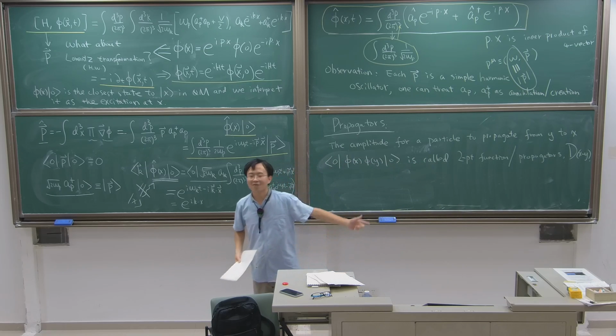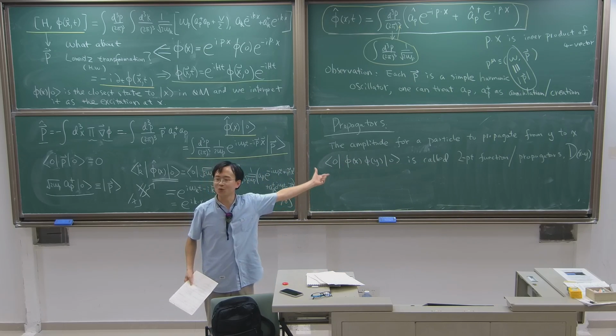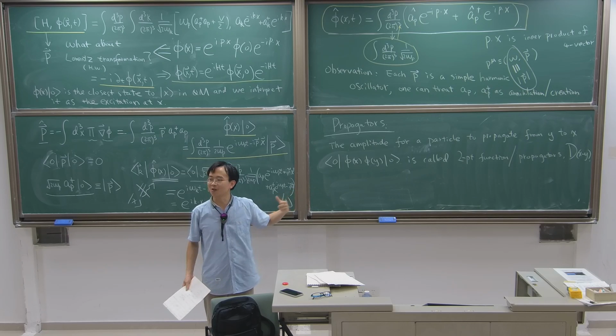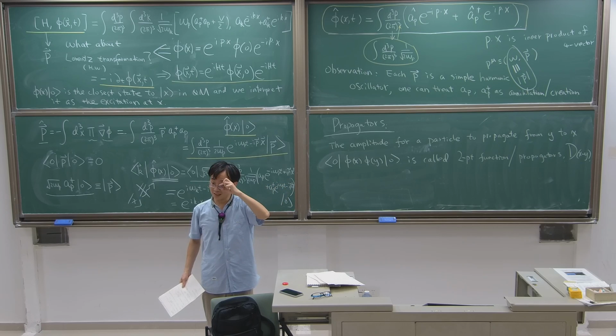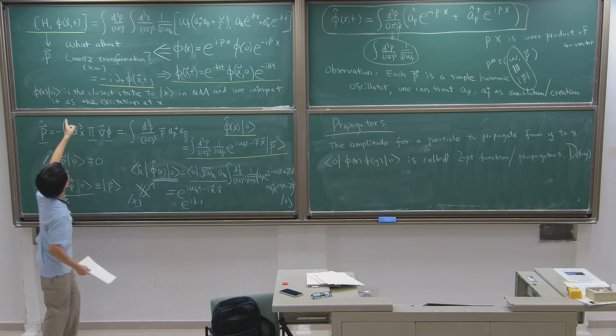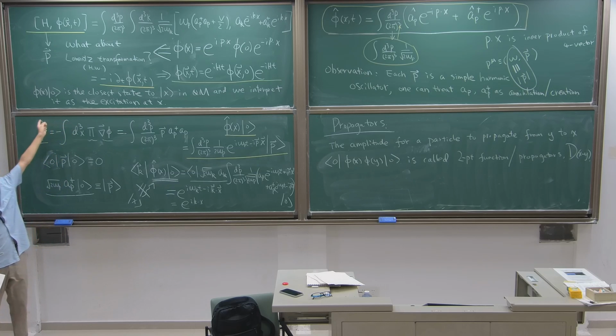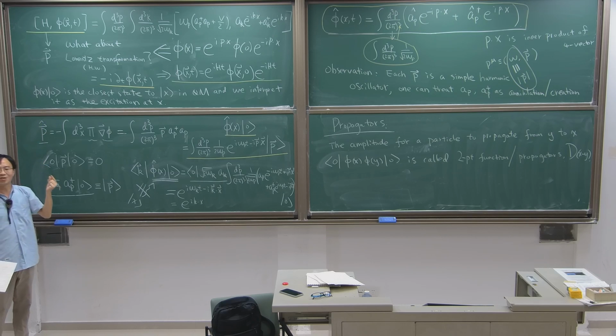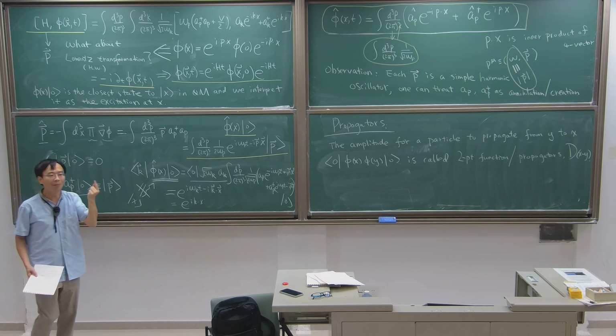Now you're asking me why we suddenly jump into talking about some kind of object. How do we know whether this object is physical enough to look into? Because we just justified some part of it, right? We already prepared enough. I just justified that this physically means you excite a particle, a single particle, at x.